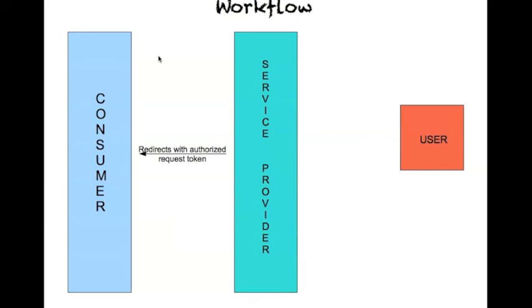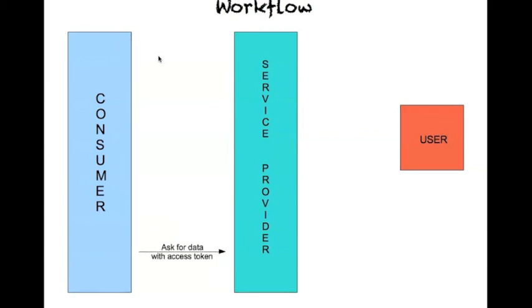This request token can then be elevated by the consumer to become an access token. When the service provider validates this request token, it will then provide the consumer with the access token. This access token is included with the request of the consumer for data.